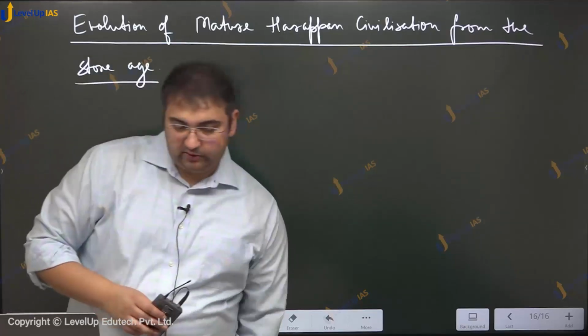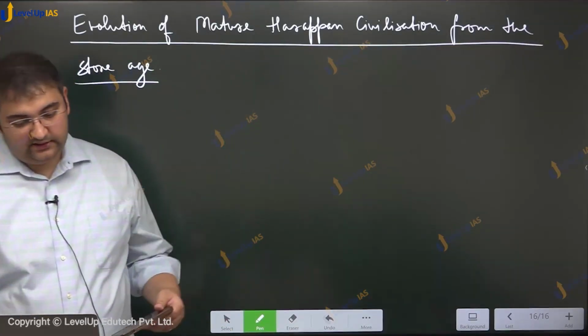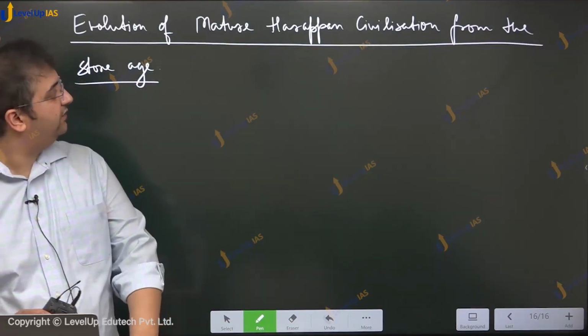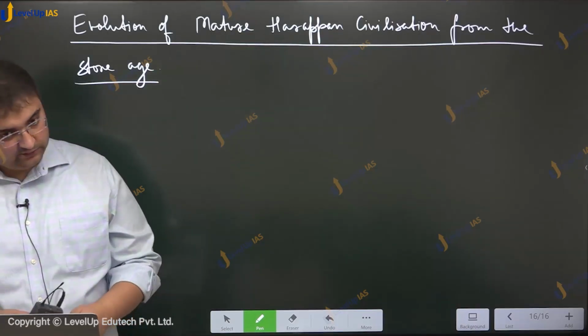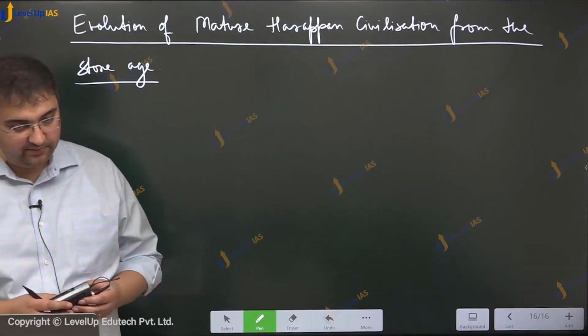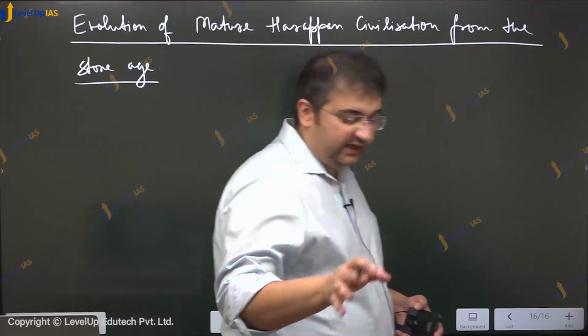Right, sorry about that. हाँ, तो हमें क्या बात करनी थी? The stages of evolution of Harappan civilization from the Stone Age to the mature Harappan period, right? So write down.